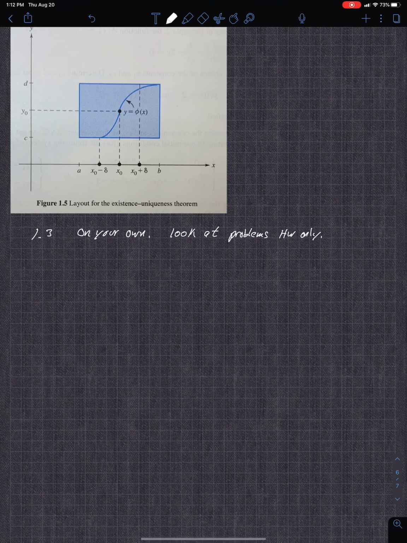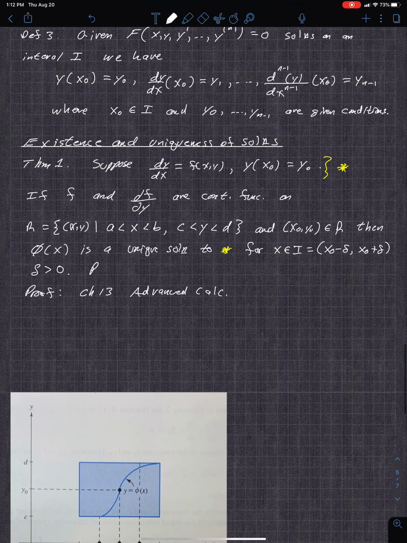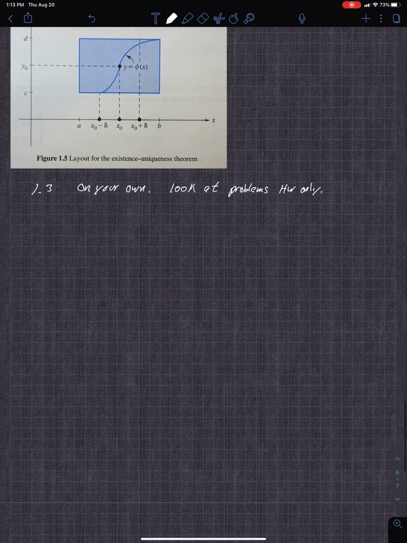It's almost like a contour map that we did in Calc 3, where you have the projections. When you solve these differential equations, and we'll see this later, you'll have multiple solutions because you're going to be integrating. We haven't seen one quite yet, but when you integrate, you'll have arbitrary constants.